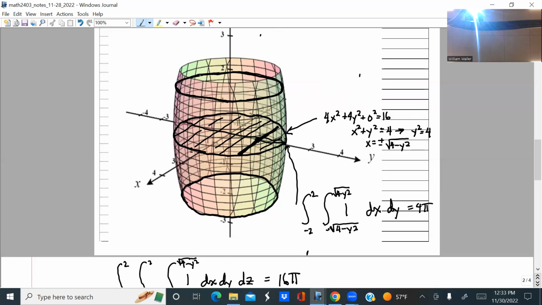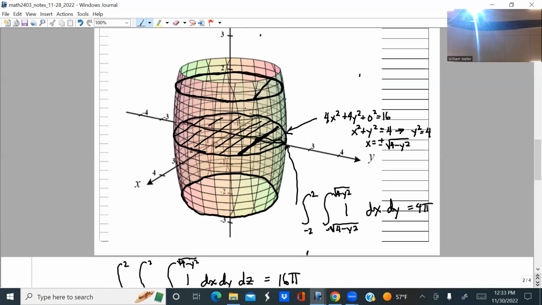That disk can be anywhere from top to bottom, not just in the XY plane. So it could be on the bottom, it could be this disk. And then still integrate those areas. So we have to think about it a little bit more carefully, unfortunately. But we're going to use the same idea.